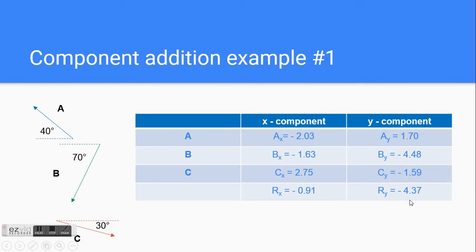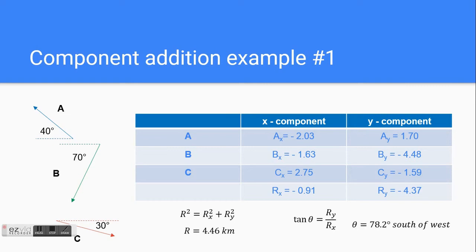What this means is that the magnitude of your total displacement from your original location, you're going to do Rx squared plus Ry squared is R squared. You calculate R is 4.46 kilometers. And in order to calculate that angle, you'd want to do tangent inverse of Ry over Rx. So 78.2 degrees.